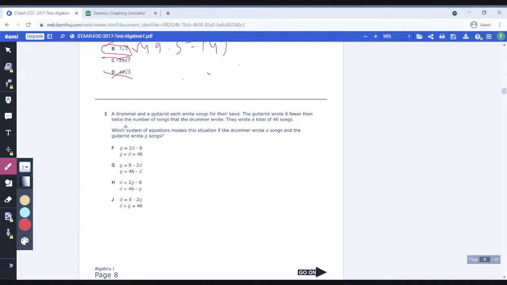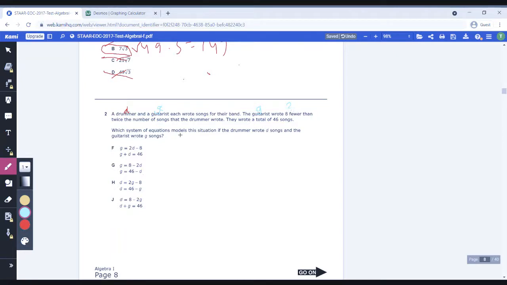So first, let's label our drummer and guitarist. The drummer is D, and your guitarist is G. So the guitarist G wrote 8 fewer than 2D.